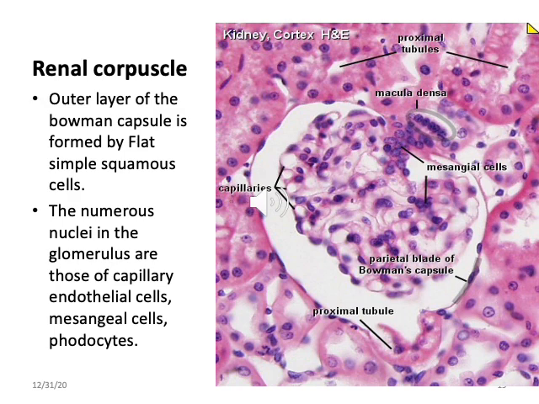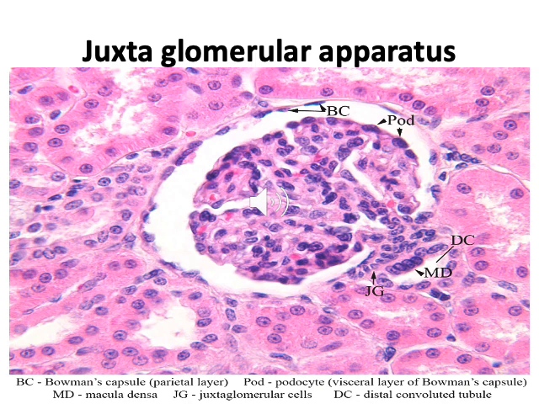The outer layer of the Bowman capsule is formed by flat, simple squamous epithelial cells, and the numerous nuclei in the glomerulus are those of capillary endothelial cells, mesangial cells, and the podocytes. You can see the juxtaglomerular apparatus lying just outside the Bowman capsule and the glomerulus, at the junction where the afferent and efferent arterioles enter and leave the Bowman capsule.